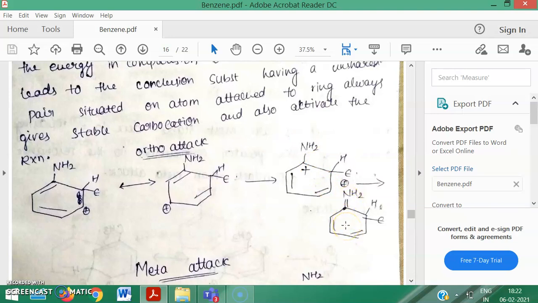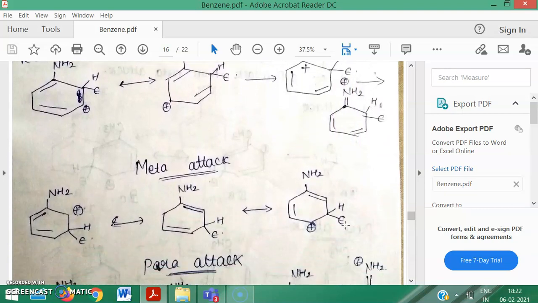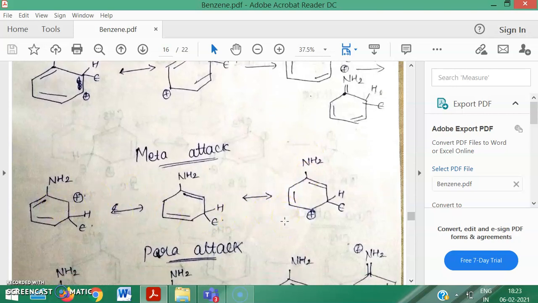The fourth one is formed in the ortho attack, whereas in the meta attack only three structures are formed, and a stable structure is not formed. Why? This N is directly donating to the positively charged carbon, but in the meta formation that positive charge does not occur at the exact carbon which contains NH2, so only these three are formed.